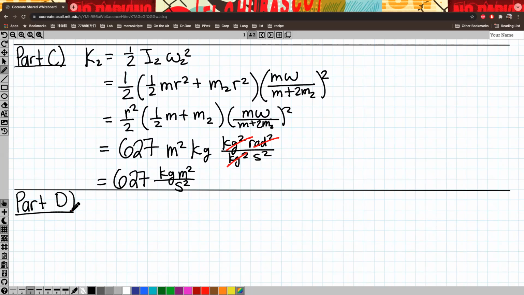So work is force times displacement. I'm just confused what it means by positive or negative work.